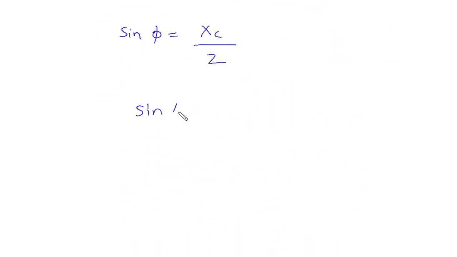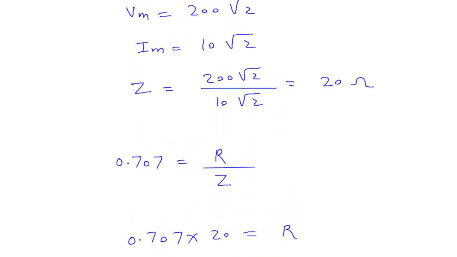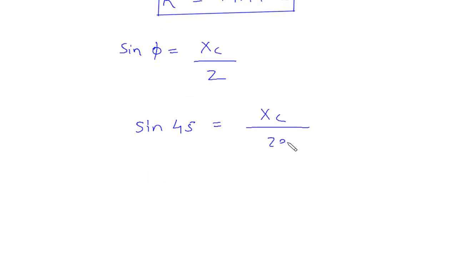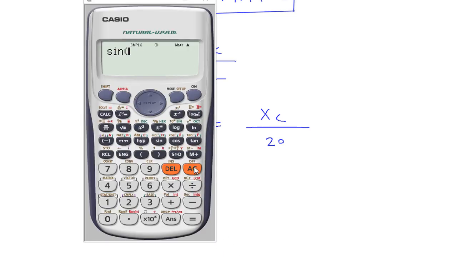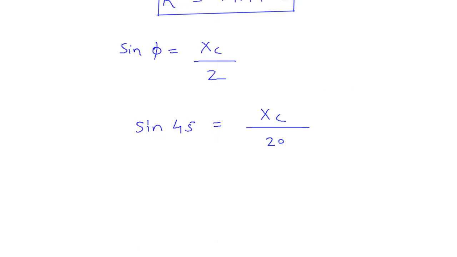So sin 45 is equal to Xc upon Z. Z is again 20 ohm. So Xc is 20 into sin 45. It is 14.14 again. So Xc is equal to 14.14. The unit of capacitive reactance is ohm.